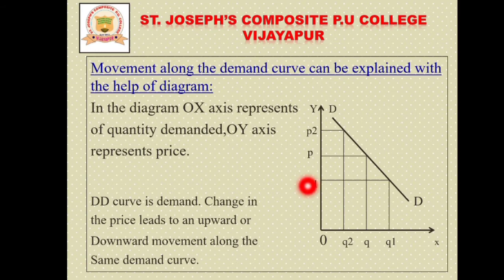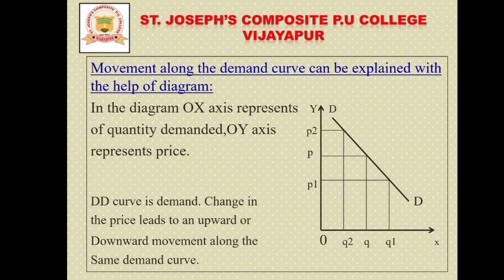And on the OY axis are P1 and P2, the price. DD is the demand curve, and here the demand curve will be moved because of changes in its price. A change in price leads to either an upward or a downward movement along the same demand curve.